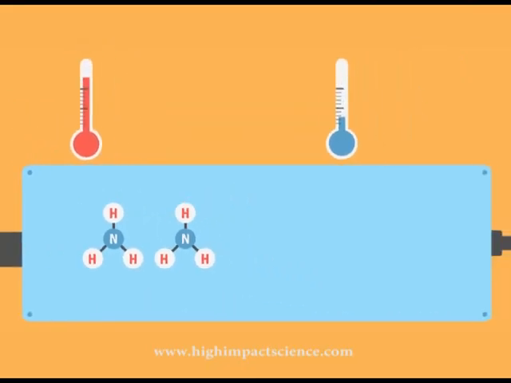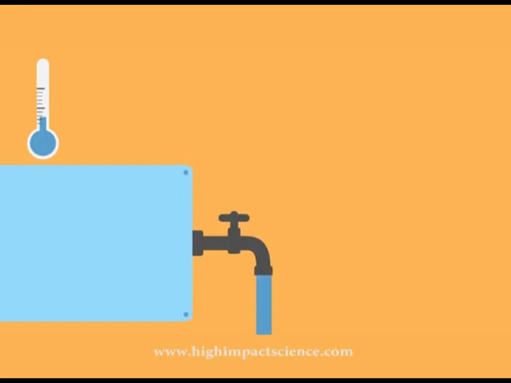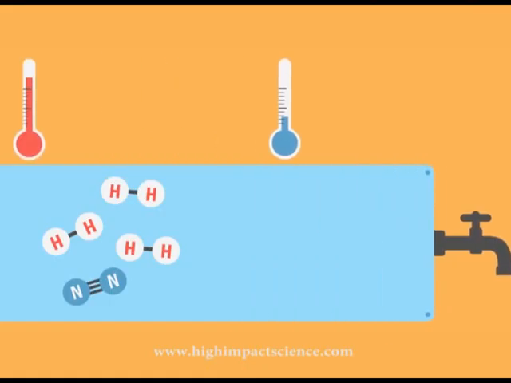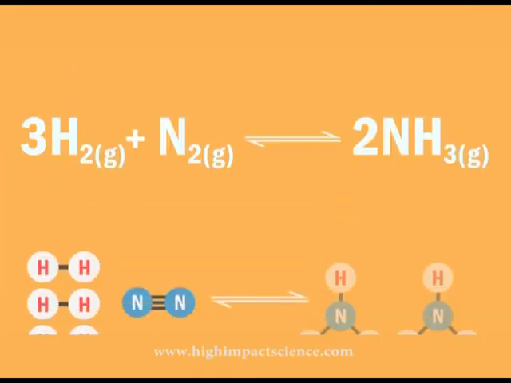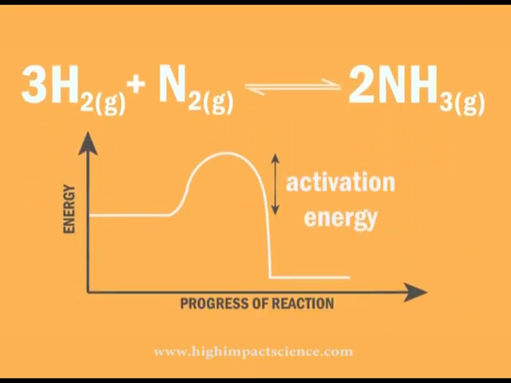They are then cooled down and ammonia is liquefied and tapped off. Unused hydrogen and nitrogen are recycled back to the reactor. Note that this is a reversible reaction and that the forward reaction is exothermic.